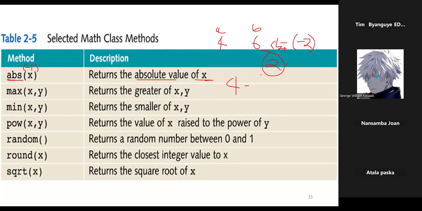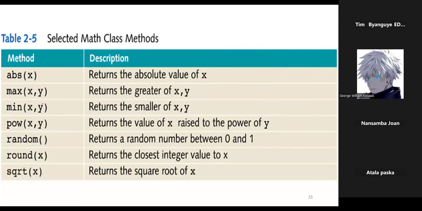So to you, 4 minus 6 is the same thing as 6 minus 4, depending on what logic that you are writing. It will return the absolute value of x.